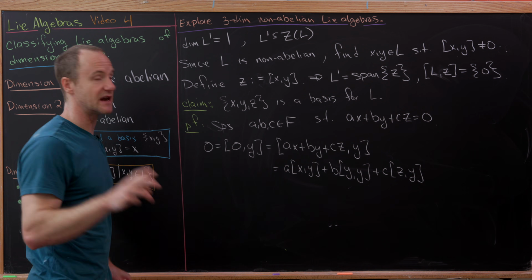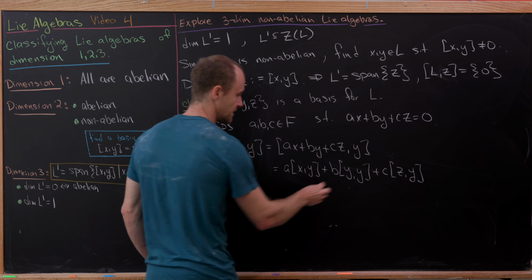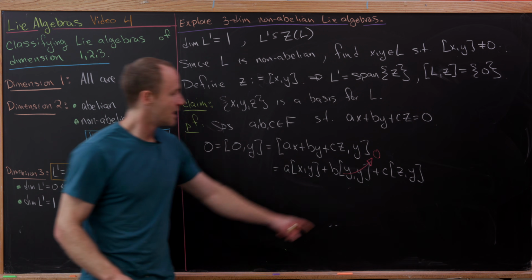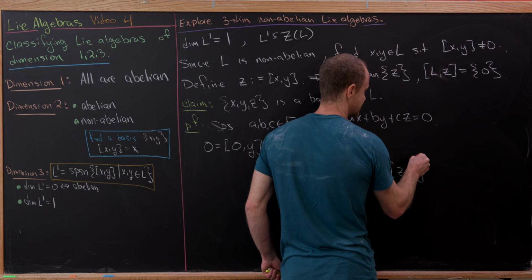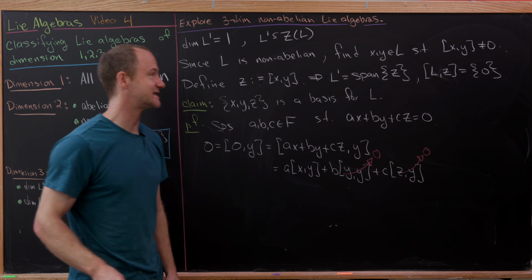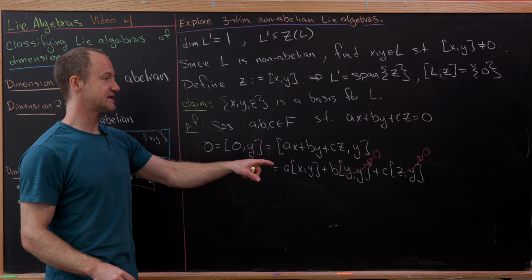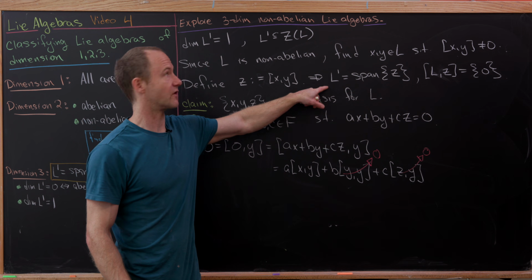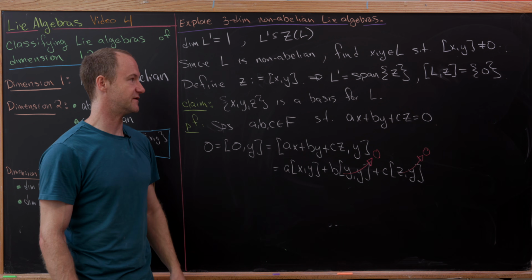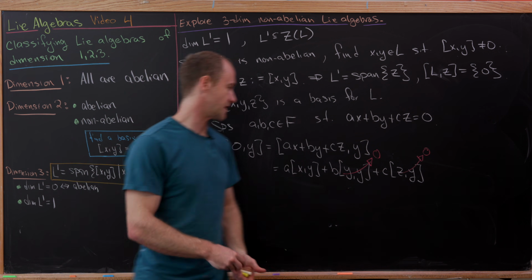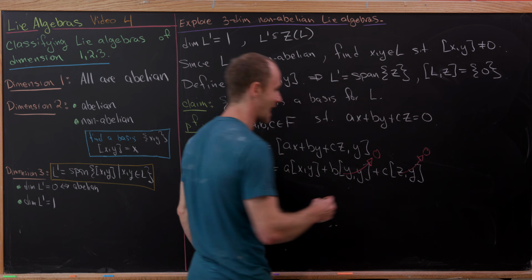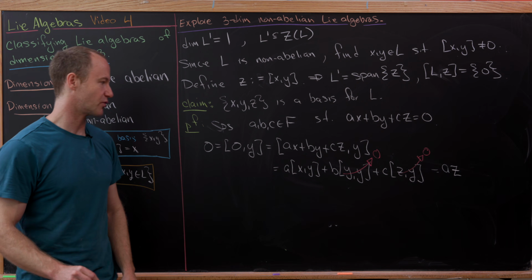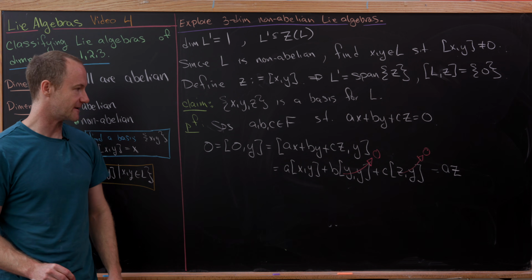Some of this stuff is obviously equal to 0. Bracket yy is equal to 0 by alternating. Bracket zy is equal to 0 because z is inside of the center. z is inside of the center because z is inside of the derived subalgebra, which is a subset of the center. We wrote that up here. So that's going to collapse to a times z, because bracket xy is equal to z.